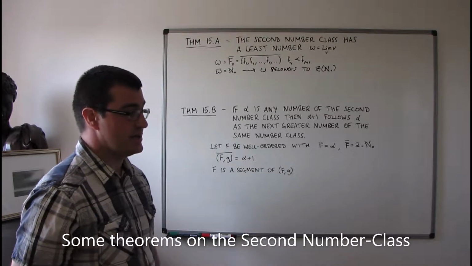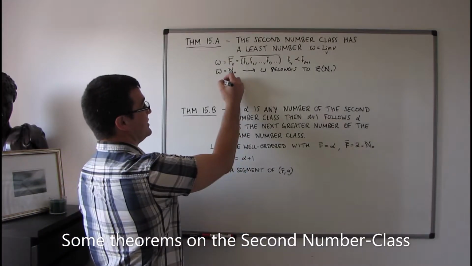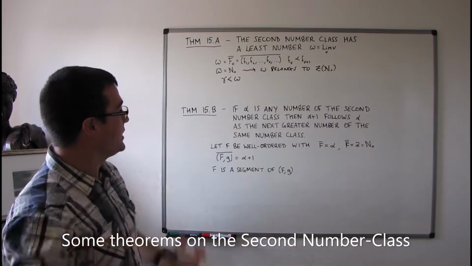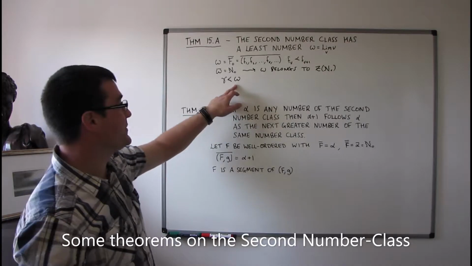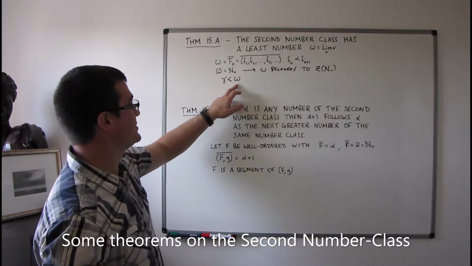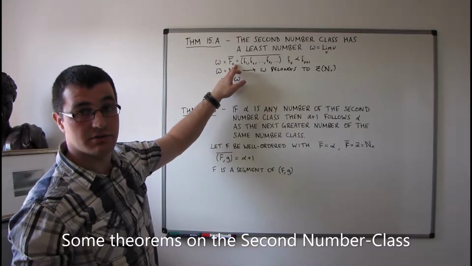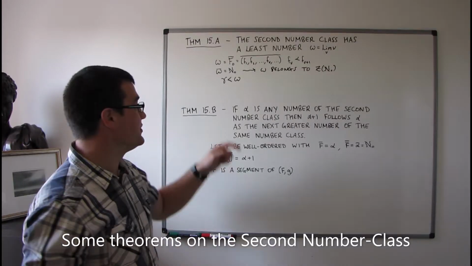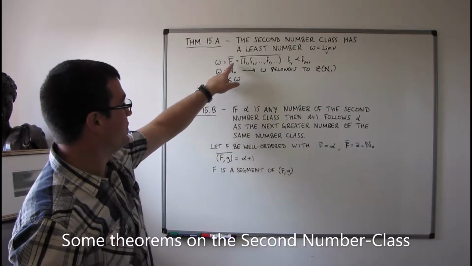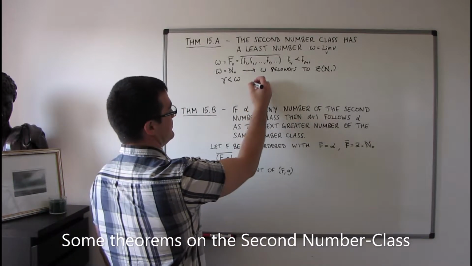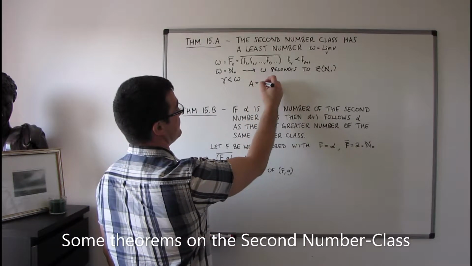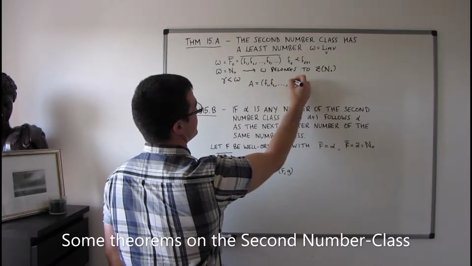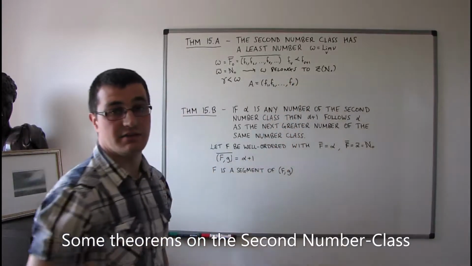Well, let's see what happens if we choose some ordinal number gamma which is less than omega. If gamma is less than omega, then there must be some segment of this aggregate f0, which will be a well-ordered aggregate itself, with the ordinal number gamma. But what do the segments of f0 look like? If we've got the segment A, for example, then it must have the form f1, f2 to f nu, for some particular value nu.